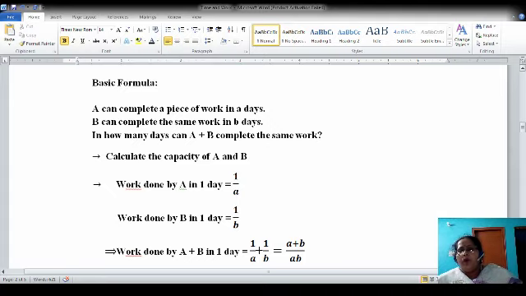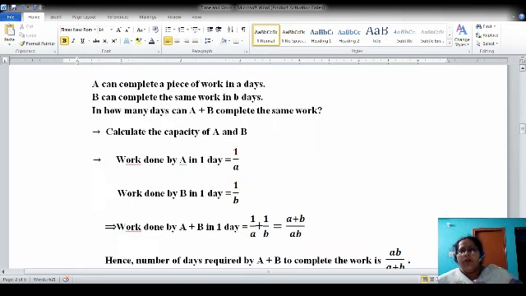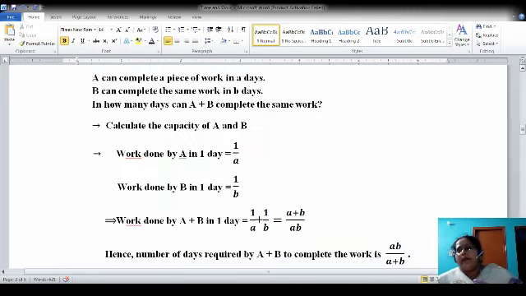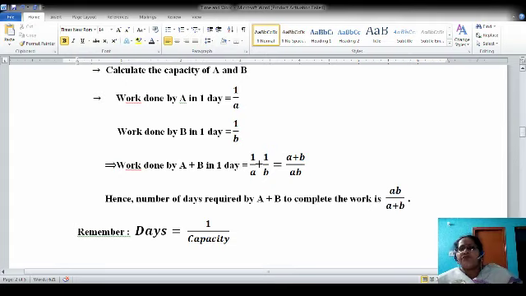So in how many days will the total work be done? The total work is 1, so obviously we just reciprocate. Therefore the number of days required by A plus B to complete the work is ab by (a plus b). So just remember here, as I told, that we have to just reciprocate.